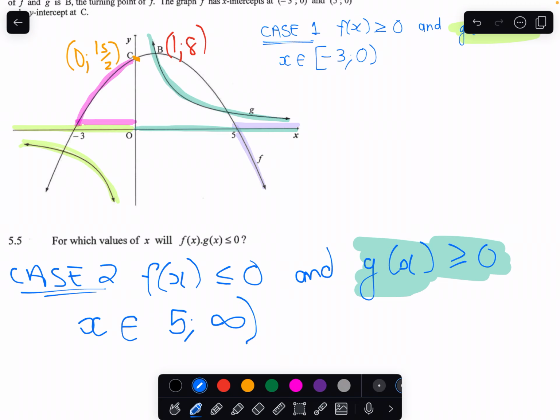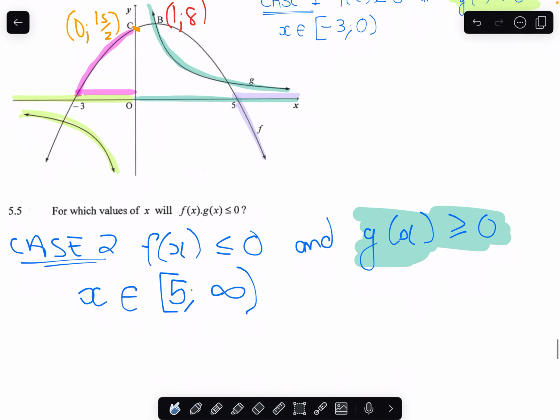Obviously we can't include infinity. Do we include 5? Yes, we do, because when x is equal to 5, g gives us a positive output, f gives us 0 as an output, and if you times those together we get 0, so that does satisfy this inequality. So we included the 5.